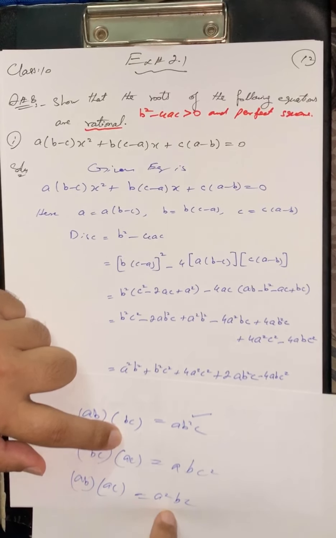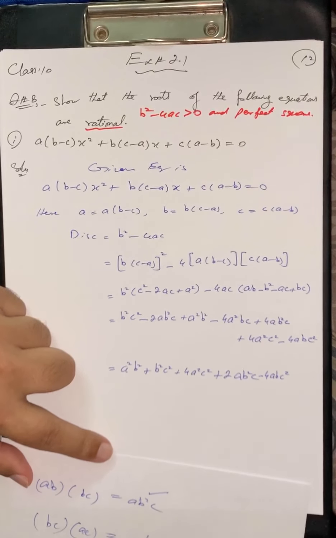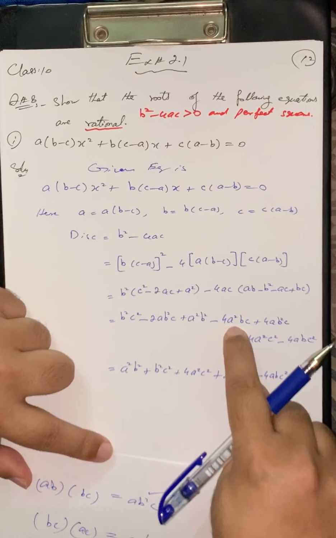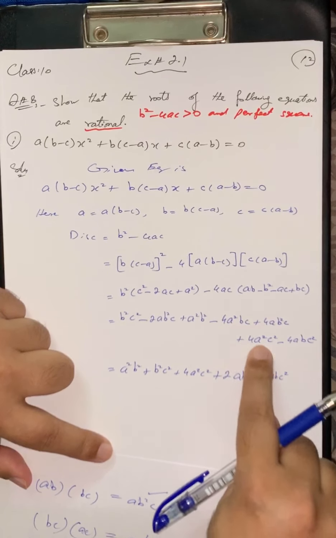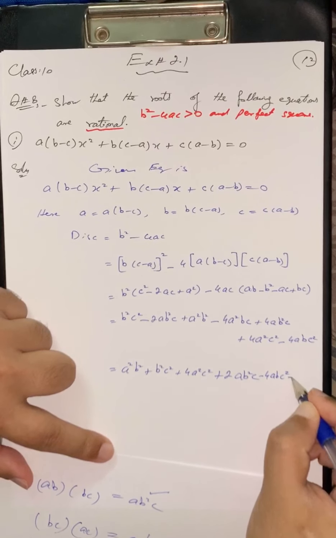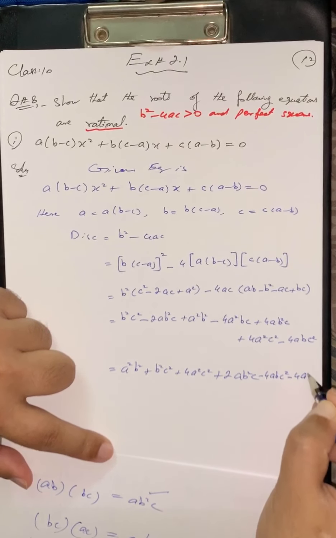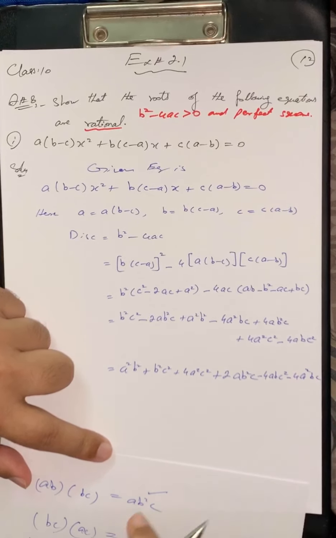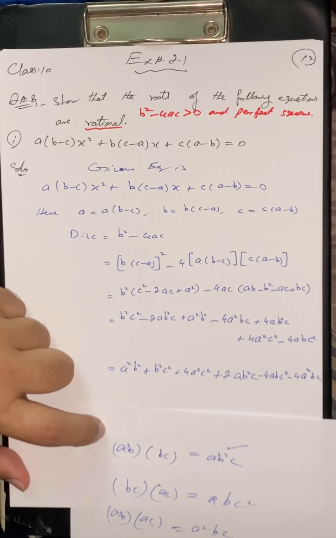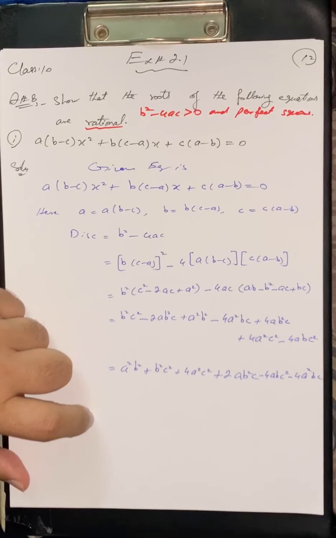Find a square bc. Where is it? This is minus 4a square bc. Something else? Nothing. Minus 4a square bc. This rough is very, very, very important. Hope you got it. You understand it.